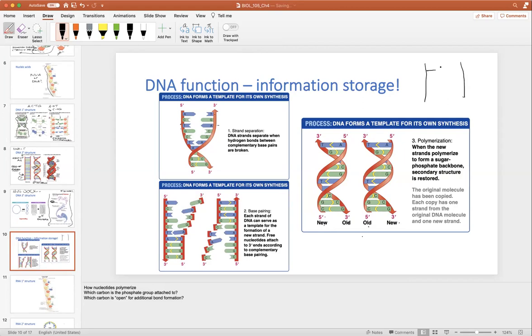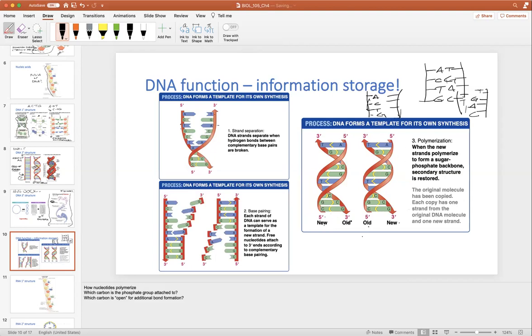Let's say that you have an A, C, T, G, and then you would have T, G, A, C. If we wanted to copy this information, we would disrupt the hydrogen bonds that are holding this together so that we had a template strand here, A, C, T, G, and a template strand here, T, G, A, C. Then we would just use these to make a new copy, and we would end up with two identical strands.